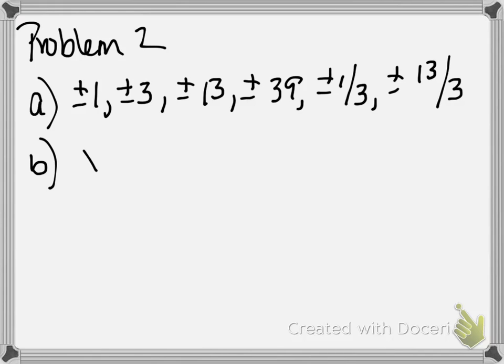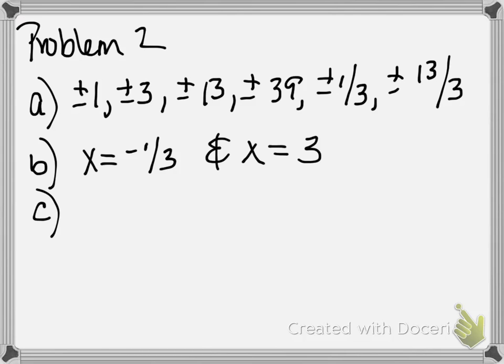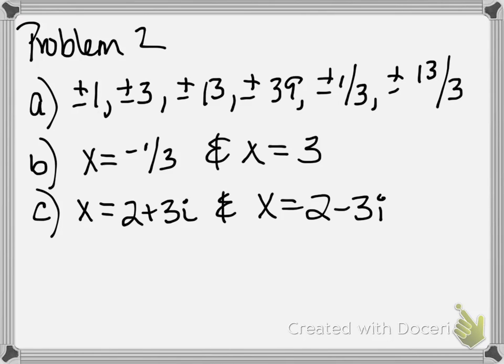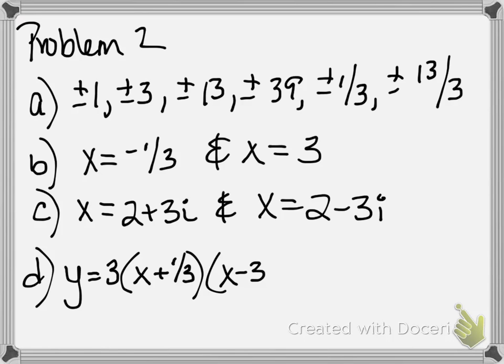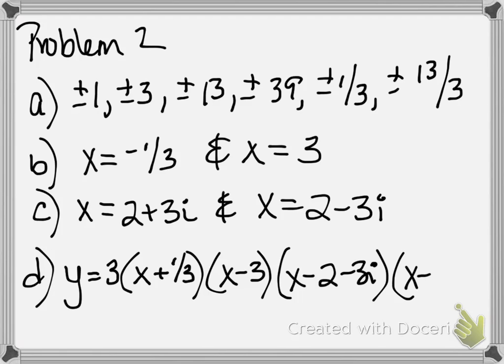For B, you should have found x equals negative 1/3 and x equals 3. For C, you should have found x equals 2 plus 3i and x equals 2 minus 3i. And for D, your equation should be y equals 3 times x plus 1/3, x minus 3, x minus 2 minus 3i, and x minus 2 plus 3i. So that's problem 2. I did the other one with you.